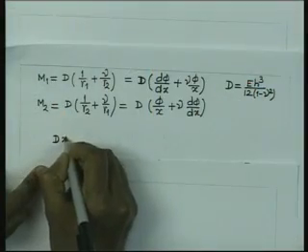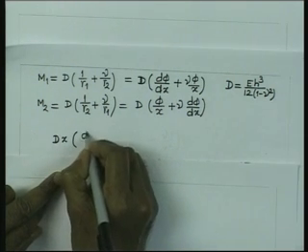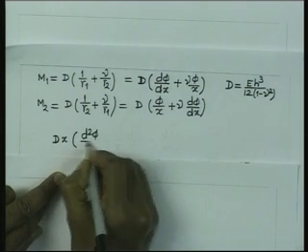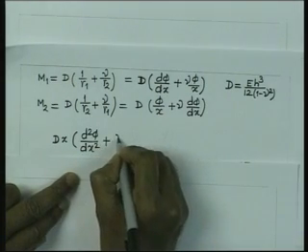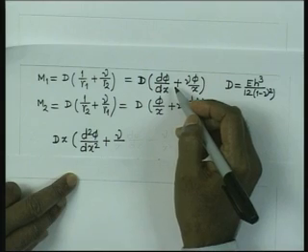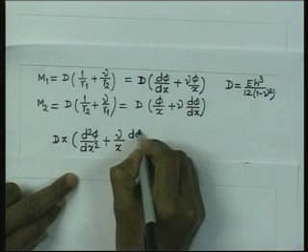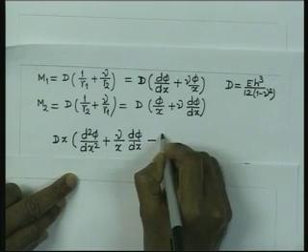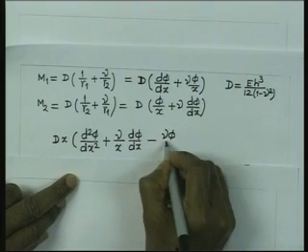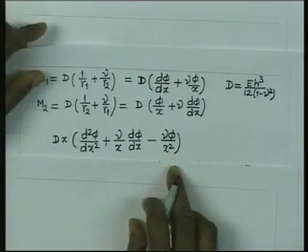So, we have now x dm1 dx, it gives us d2 phi dx square plus nu times, so we have to take the derivative of this with respect to x. So, it is nu by x d phi dx minus nu phi by x square. So, that is x dm1 dx.